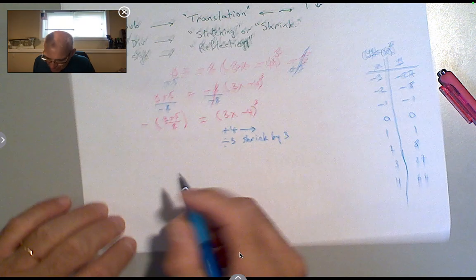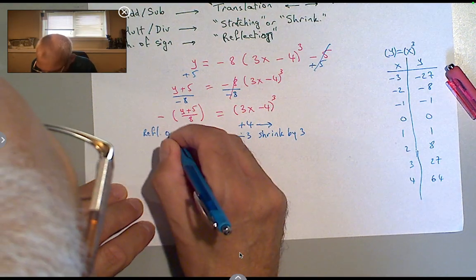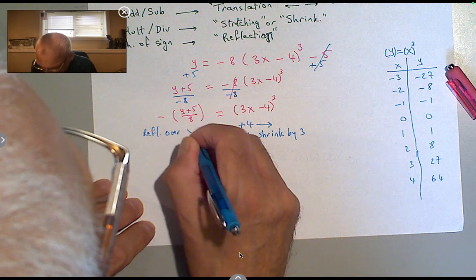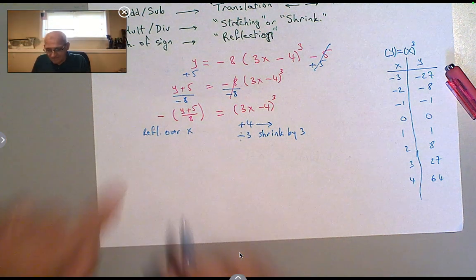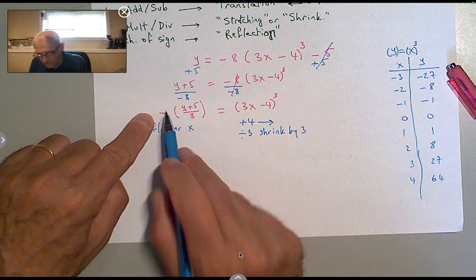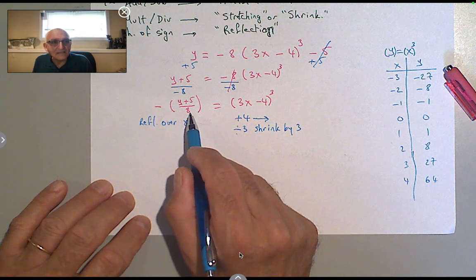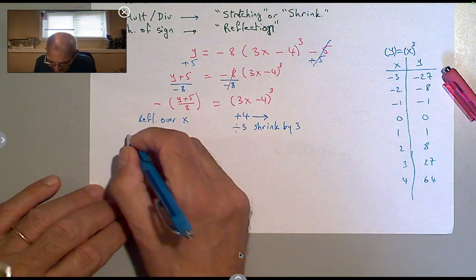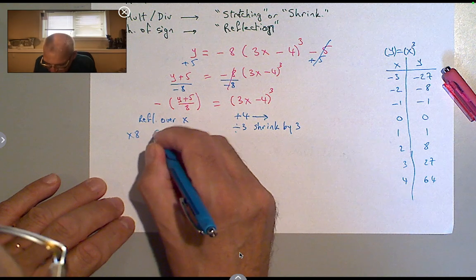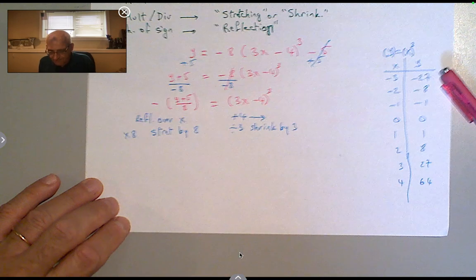So here I'm going to say reflect over x-axis. But in reality, I'm changing the sign of y, right? Change the sign of y. Then I'm going to multiply by 8. Multiplying by 8 means stretching y by a factor of 8.